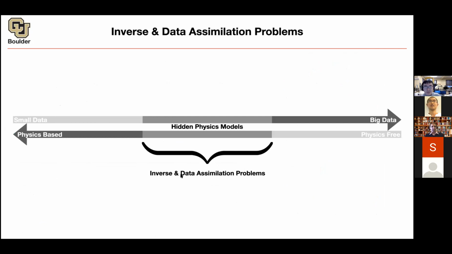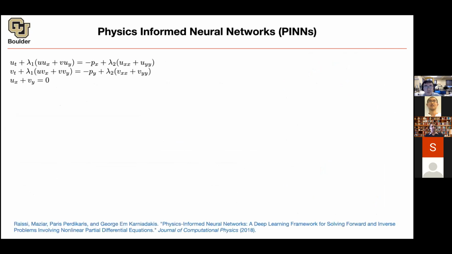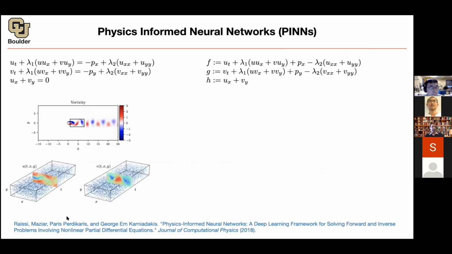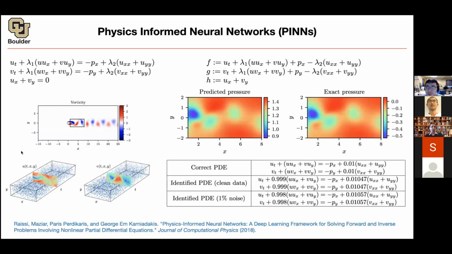Can you do inverse problems and data assimilation problems? The answer is yes, exactly the same framework as before. You collect data behind the cylinder, and that's gonna give you not only your velocity, but also your pressure and these coefficients. So one thing that was surprising out of this paper at that time was we had absolutely no data on the pressure.